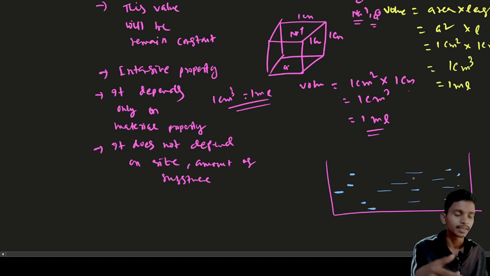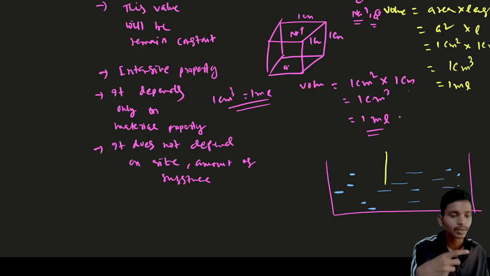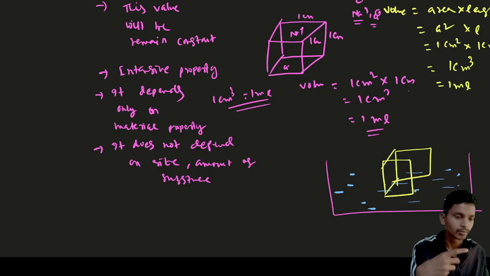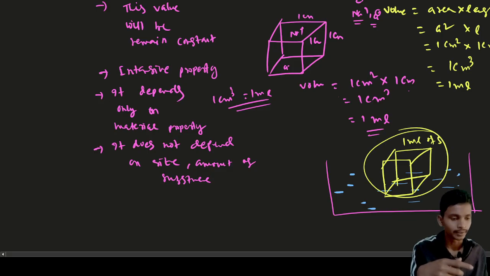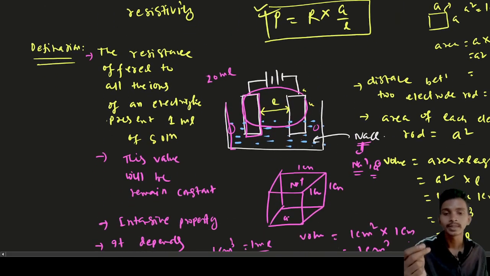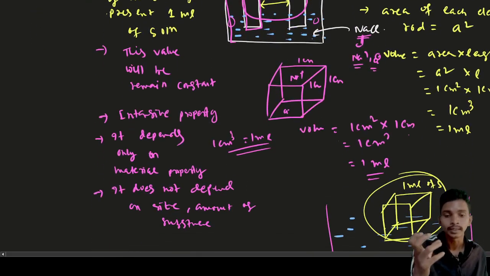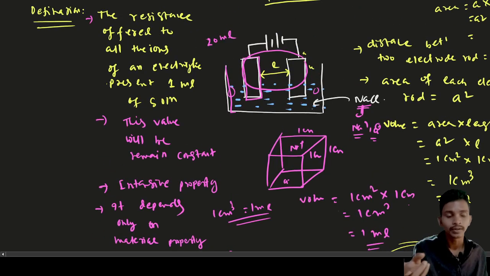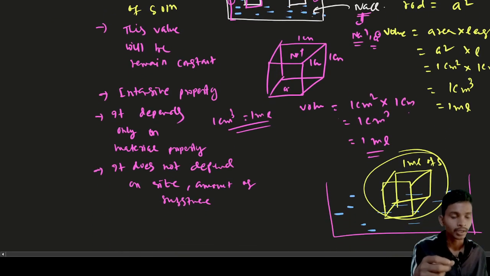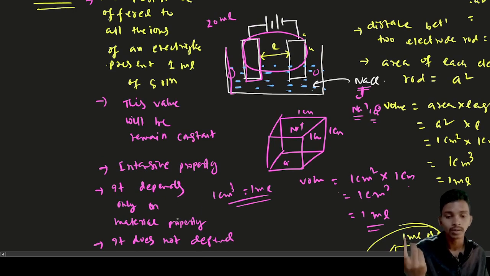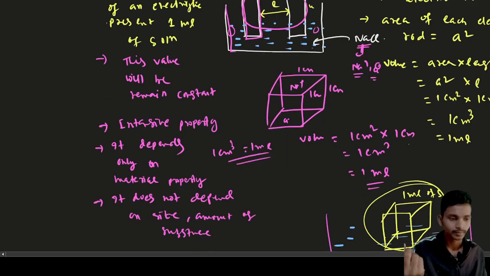So if you vary the size, the resistance will be the same, because here also we take 1 milliliter of solution, meaning within this area how much resistance is happening. Okay, so this specific resistance value is an intensive property which does not depend on the size or amount of the substances. It depends only on the material properties.